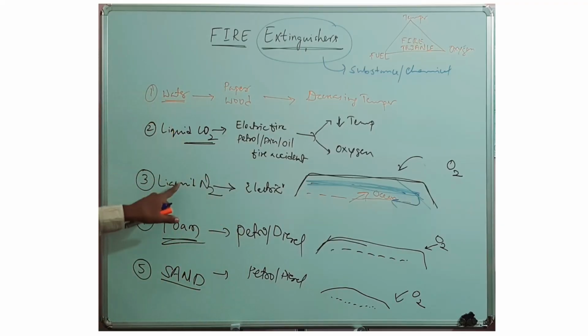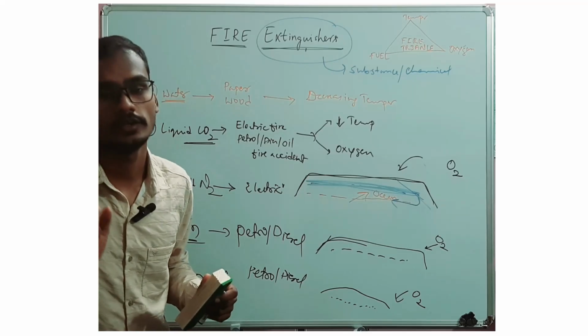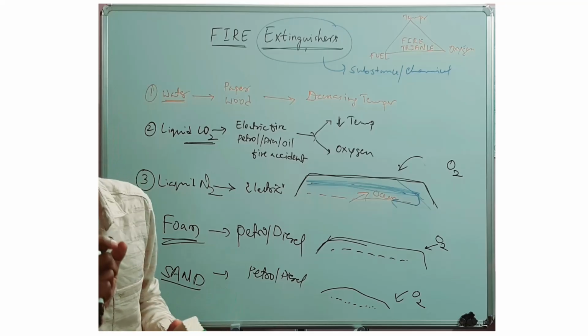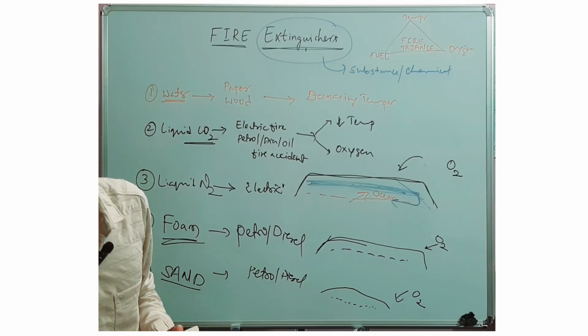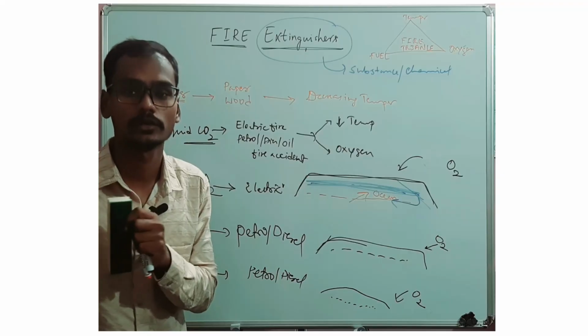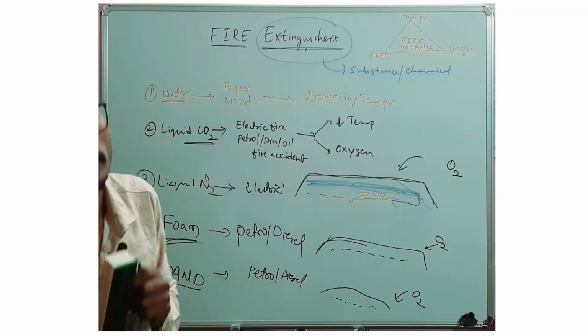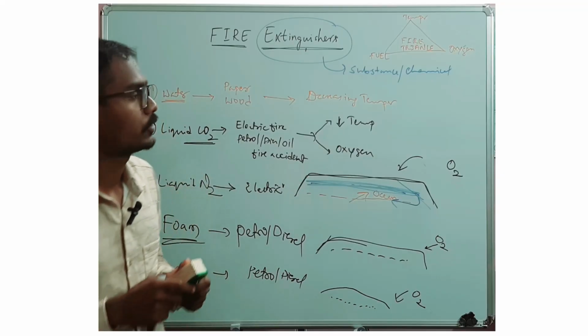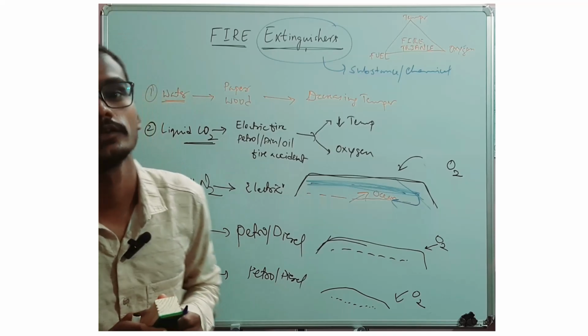We use different agents or substances as extinguishers because not a single chemical, not a single substance is used as a universal extinguisher, because each particular type requires a different extinguisher. Okay. I hope this is very clear to you, and thank you for watching.